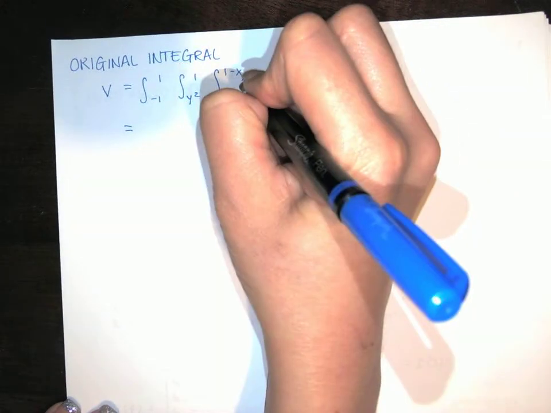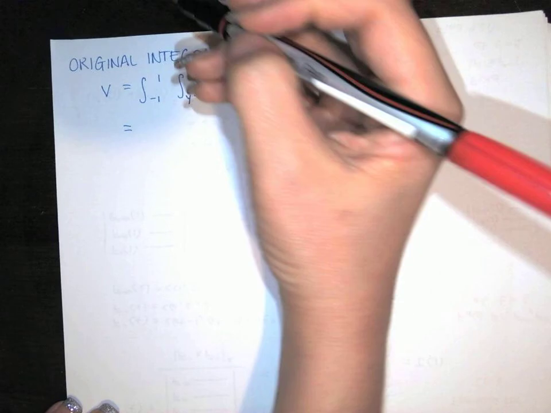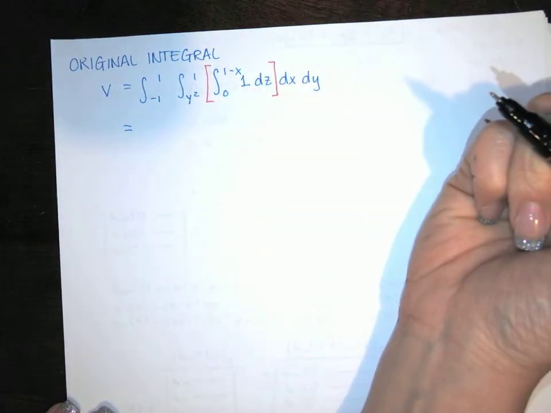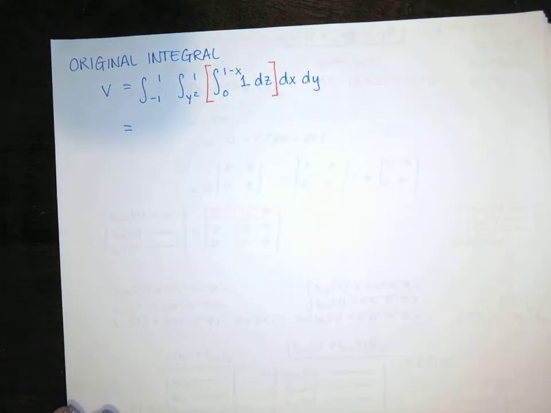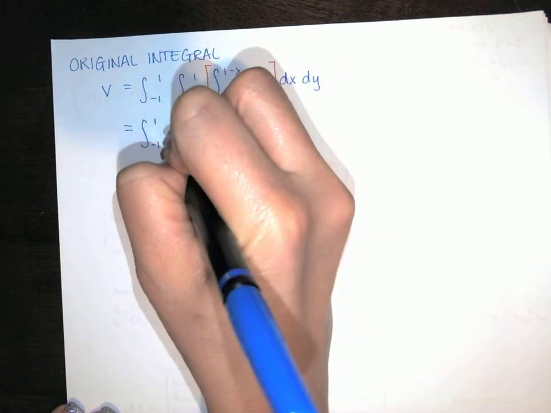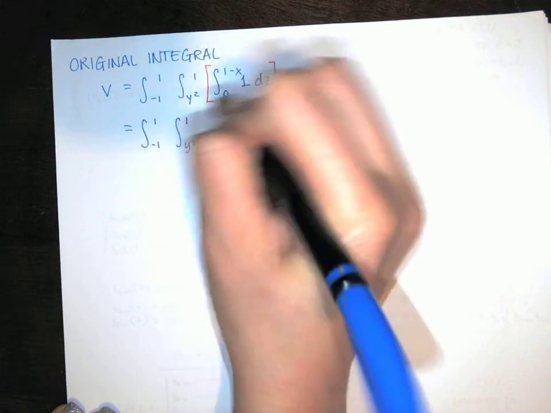I just integrate from the inside out. It's just like a double integral. You just do it 3 times instead of 2 times. And there's an implied 1 there.